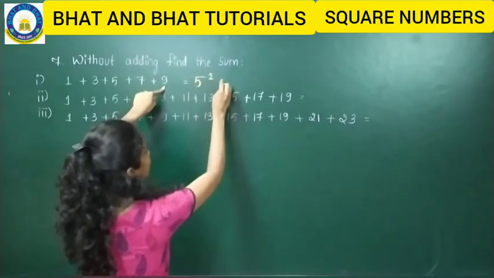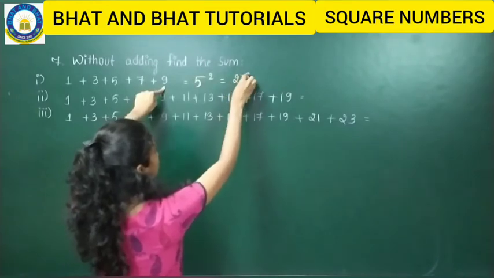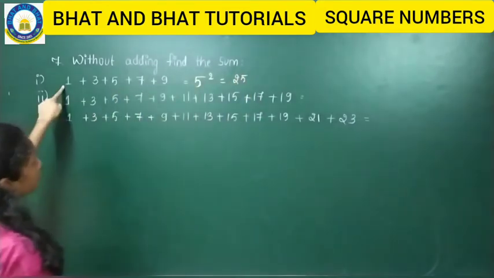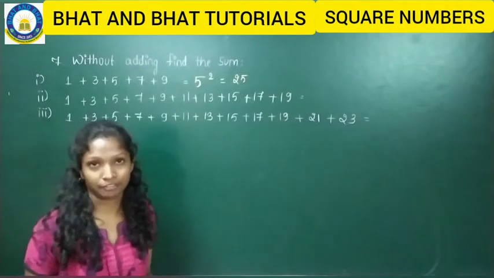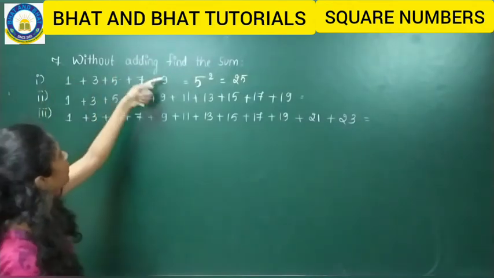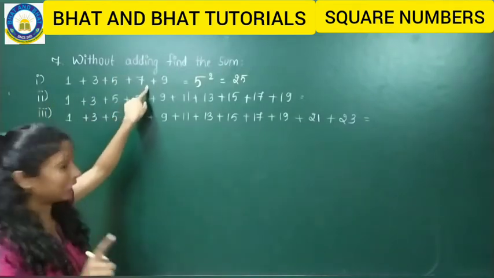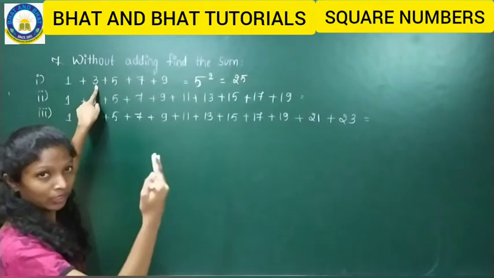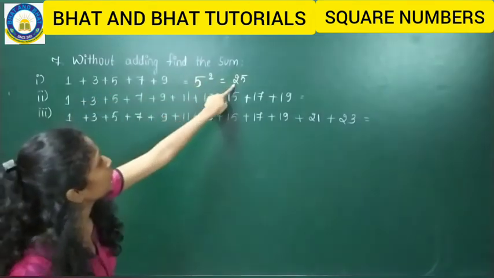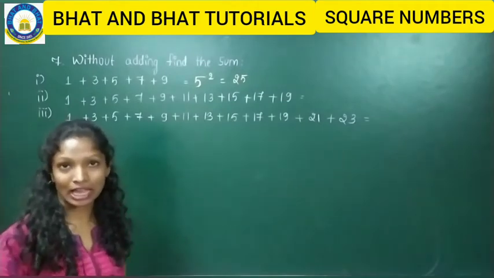That means 5 square, and we know 5 square is 25. So the sum of these numbers is 25. If you want to verify, you can check by adding: 9 plus 1 is 10, plus 7 is 17, 18, 19, 20, 20 plus 5 is 25. This is how we get the answer.